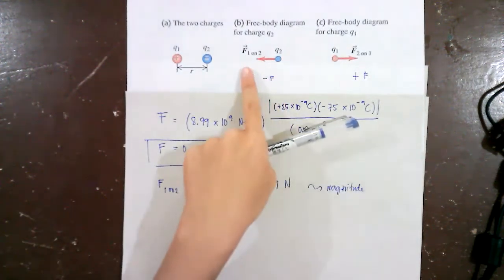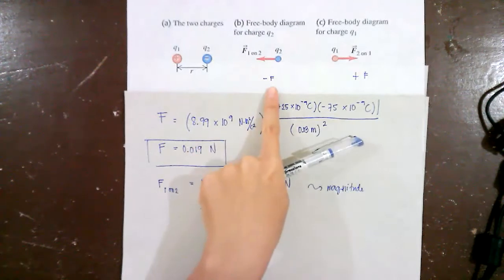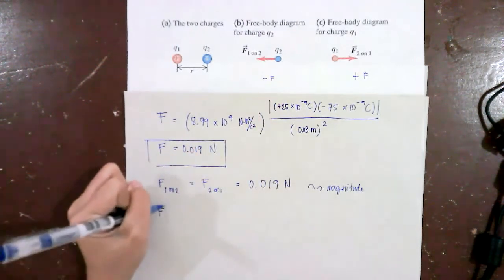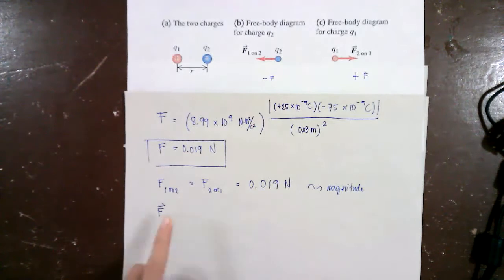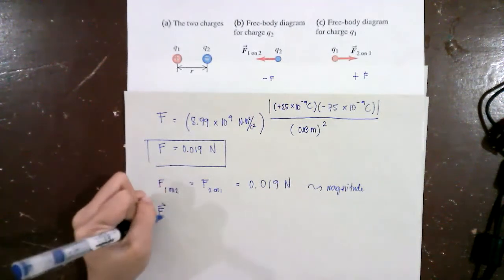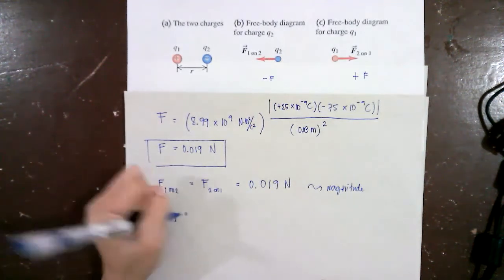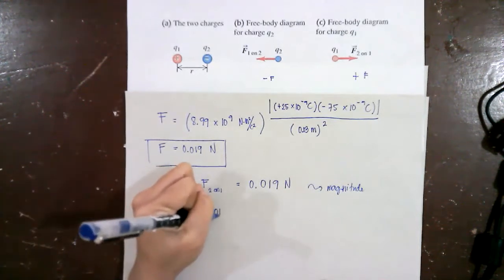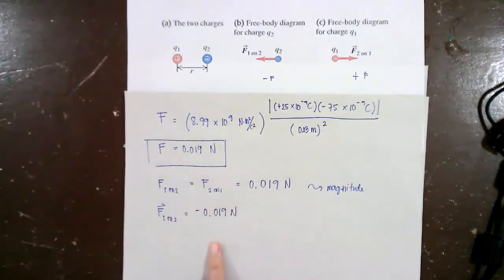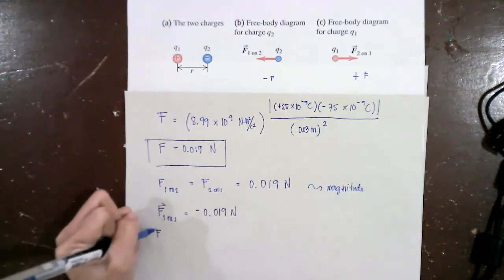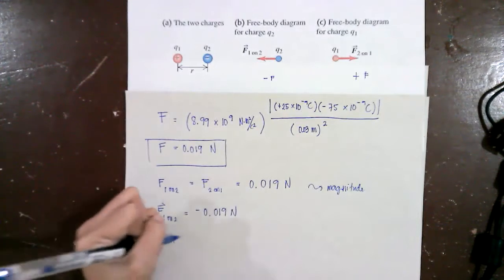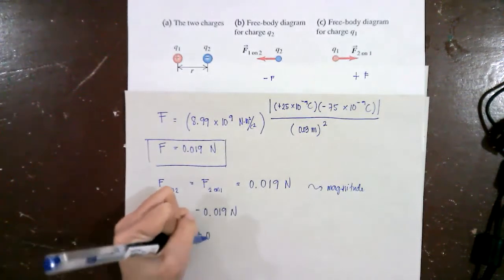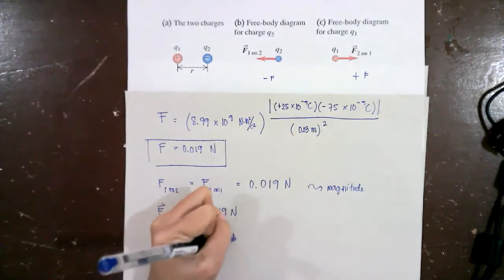So we will apply your F1 on 2 is in negative. So you can write this F with an arrow at the top since we are going to include direction and your force now becomes a vector. So F1 on 2 is equal now to negative 0.019 newtons. Okay, and then your F2 on 1 will be positive 0.019 newtons.